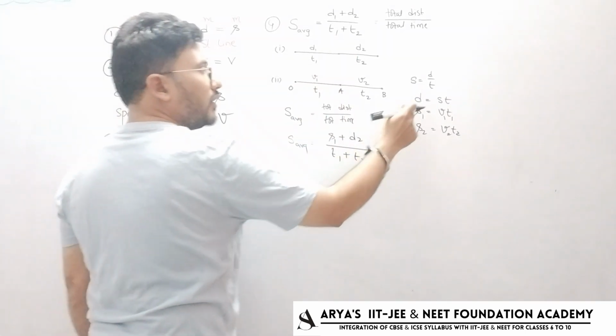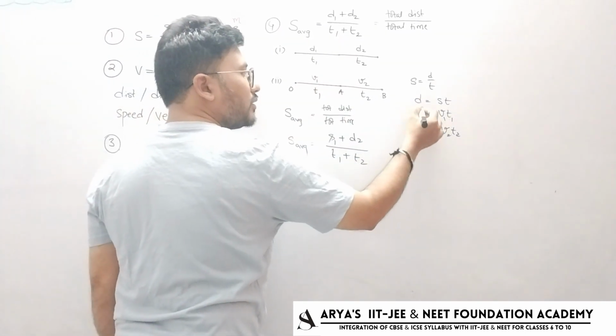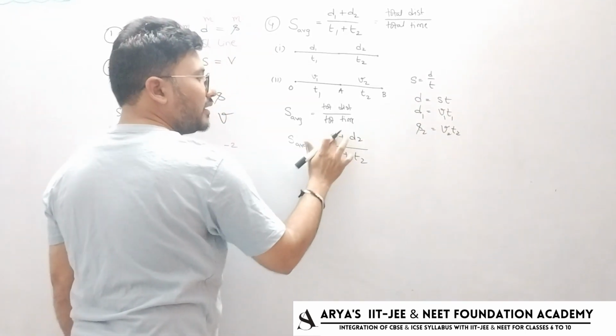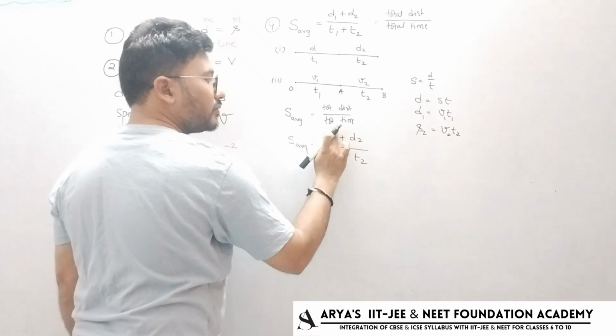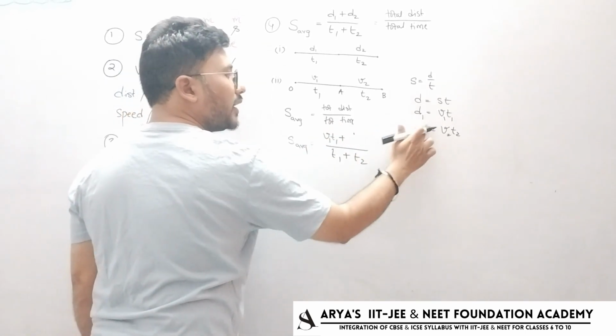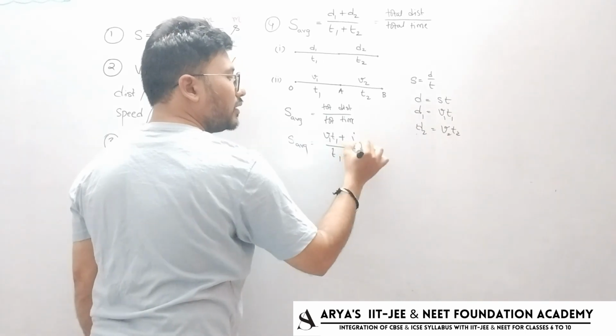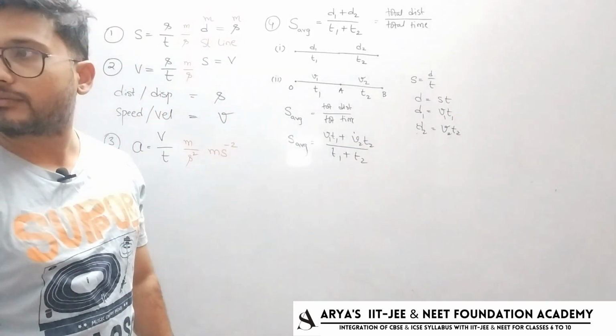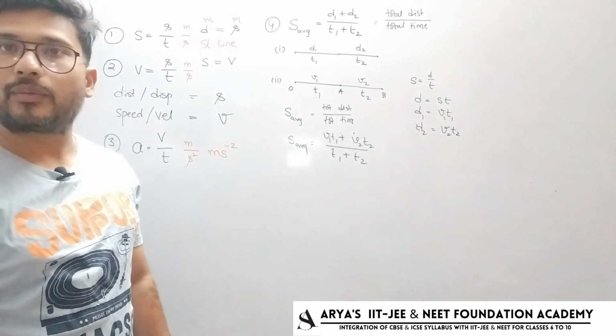So okay, distance only you take. D1 is equal to, distance 1 is equal to speed into time. Instead of D1 what you can write? V1 T1. Instead of D2 what you can write? V2 T2. Like this we should convert. Are you getting the point?